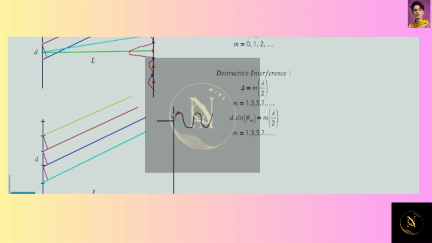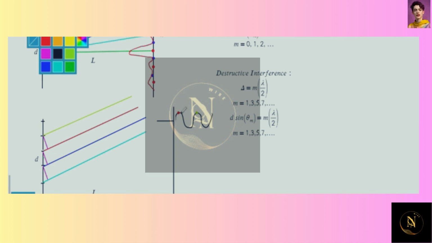Just off center here, if we are just north of this first bright fringe, that means that when the red ray reaches that point, it's not going to be precisely at the maximum, because the maximums are the bright fringes.